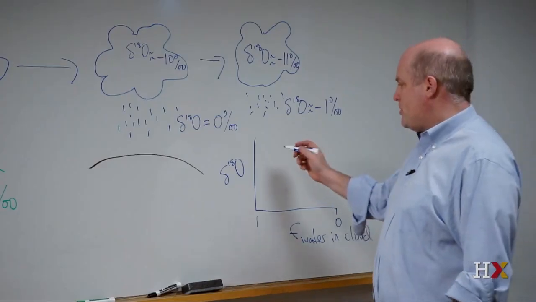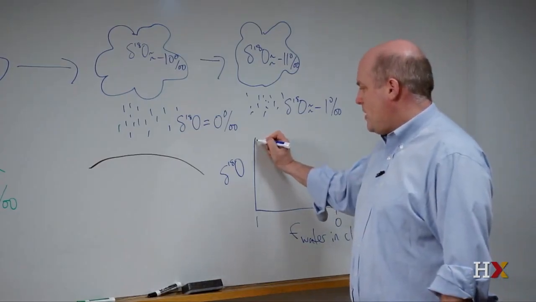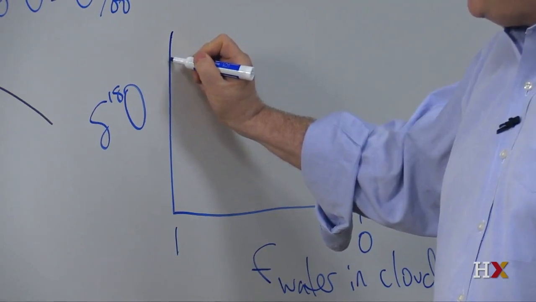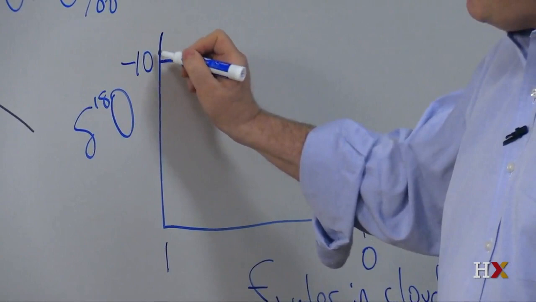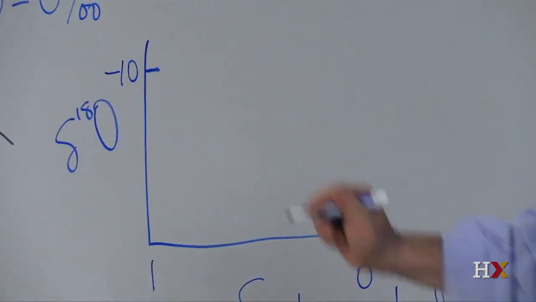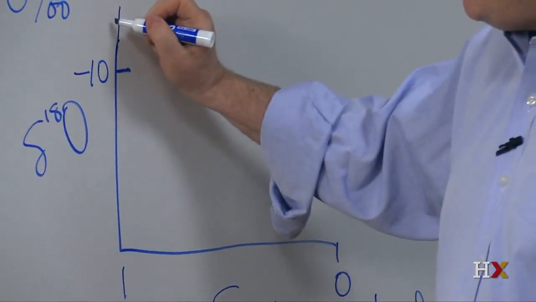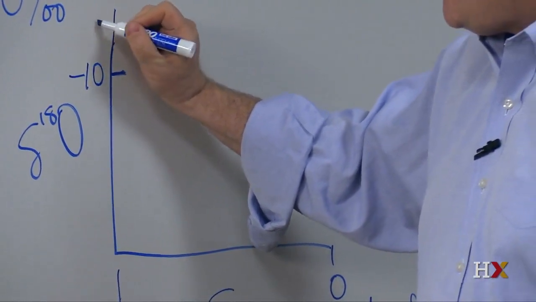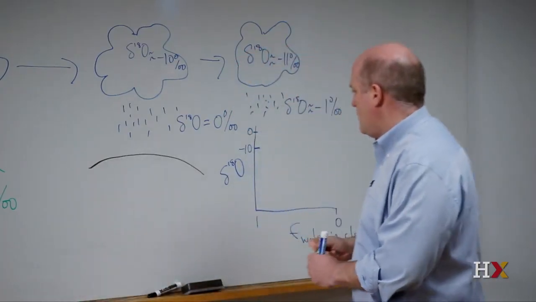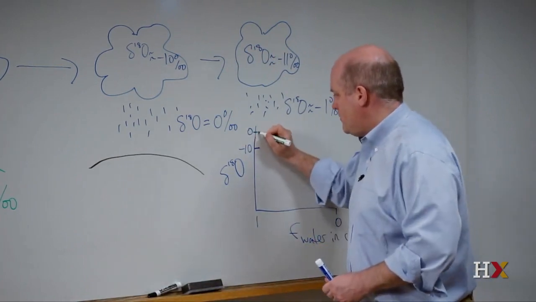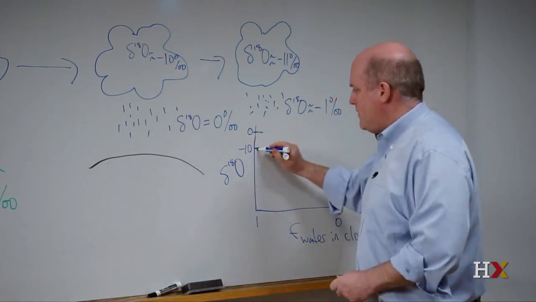So think about the original cloud. If we plot the cloud here, this would be minus 10 per mil. Remember then that the seawater would be up here at about 0 per mil. So here is the original seawater, and here is the original cloud.